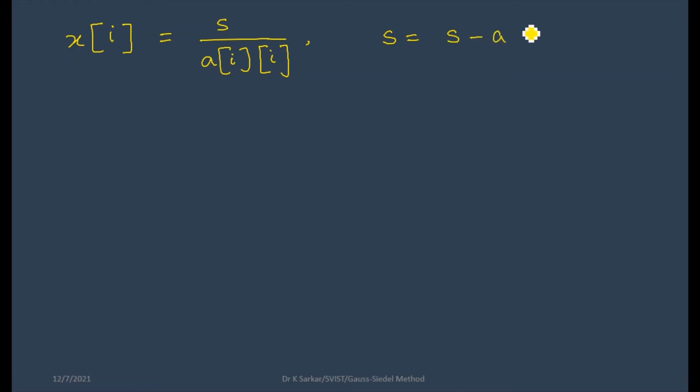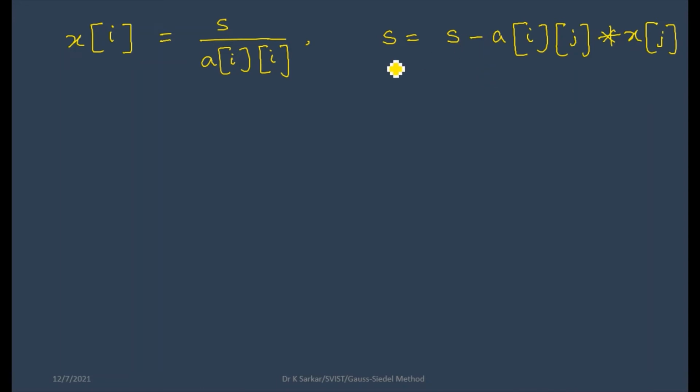Okay, we have got xi as s by aii, where s is s minus aij multiplied by xj. So it is similar for the third equation also.